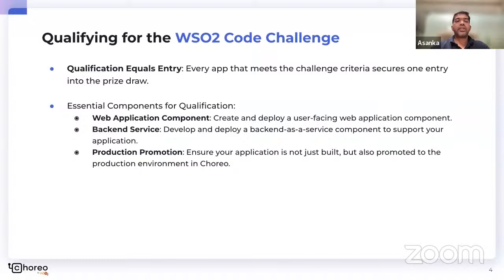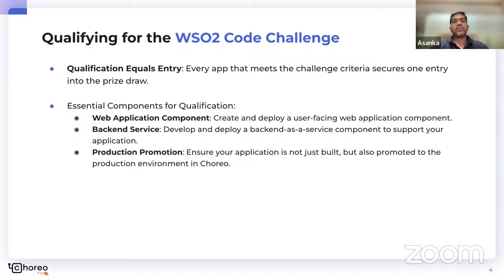So we'll straight away jump into the competition that we are running. I'll first brief about the qualification, like how you can qualify and the minimum things you have to do. As Kavishka mentioned, you need to have a web application component, and another backend service component to support the front-end component.